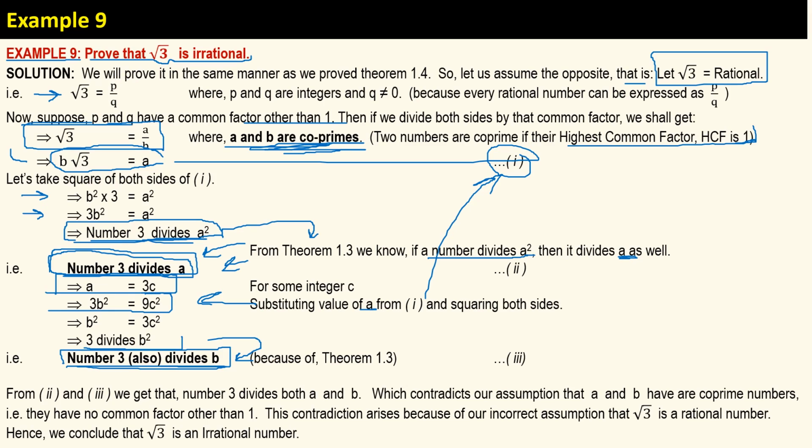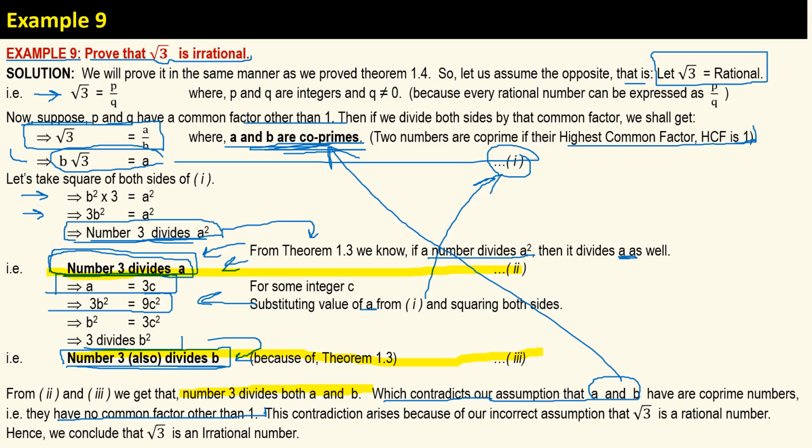And now from equation number 3 and equation number 2, we get that number 3 divides both a and b, which is contradictory to our assumption that both a and b are co-prime numbers, that is, they have no common factor other than 1.